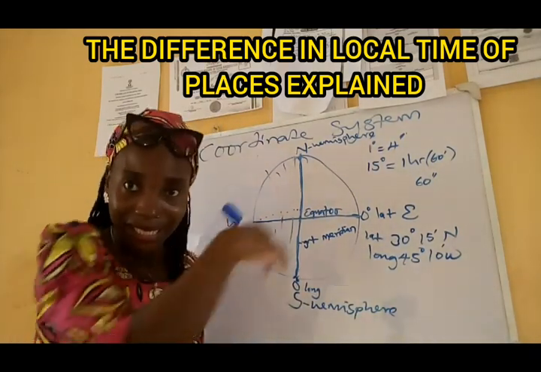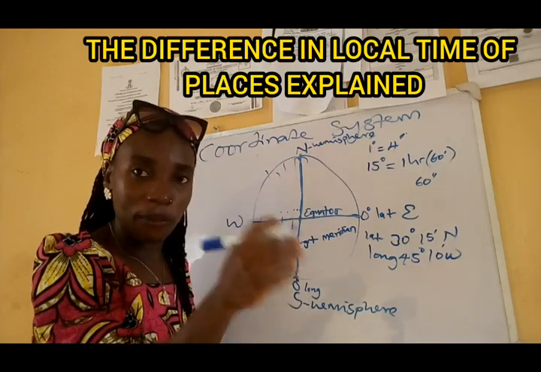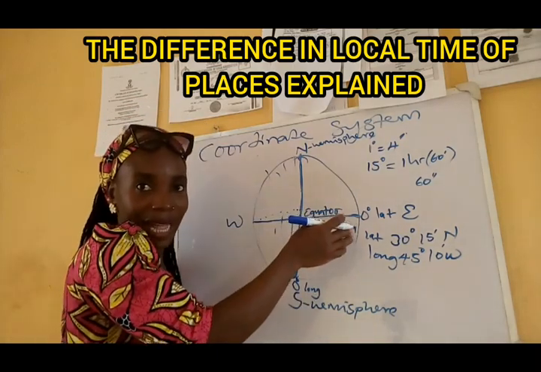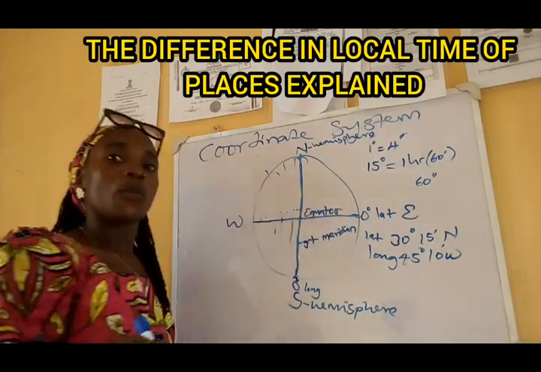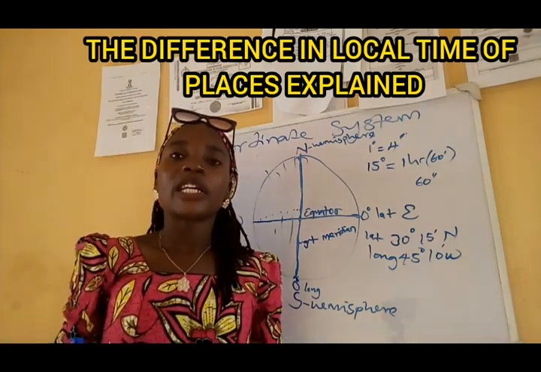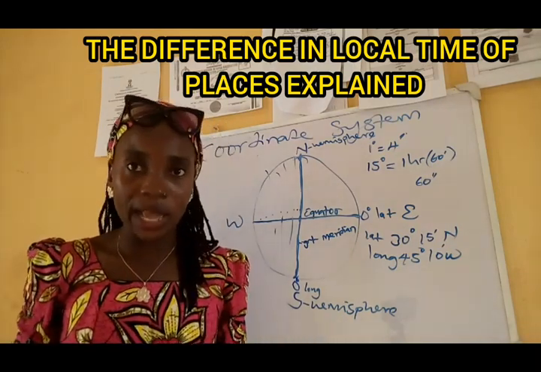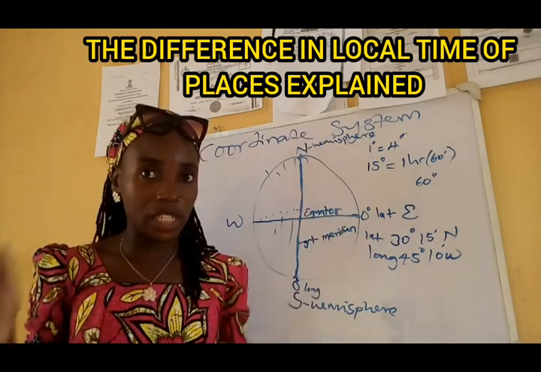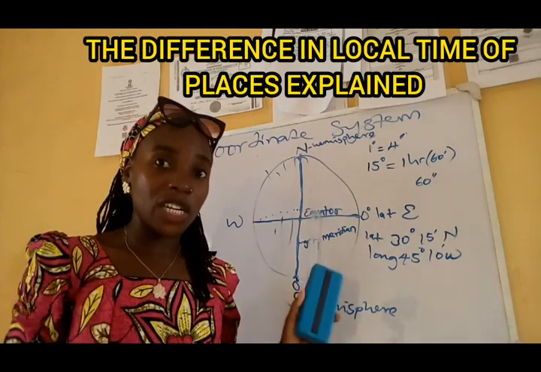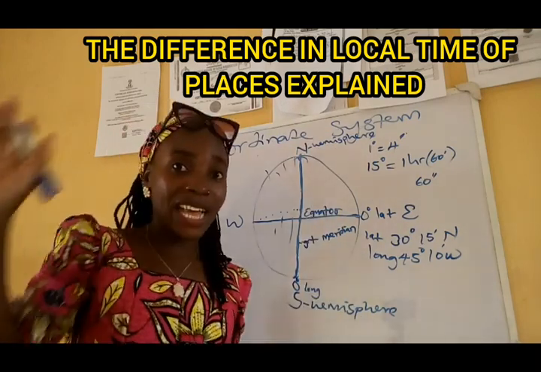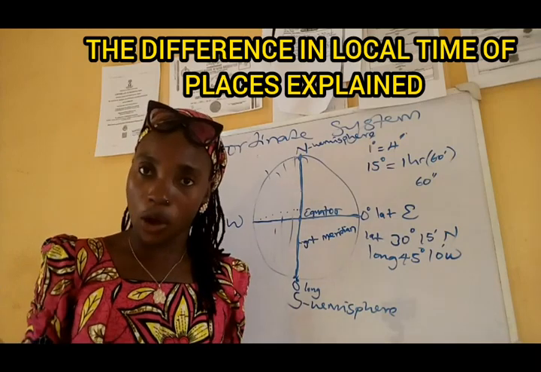When they say east, it therefore means towards this side. Now, we also have the coordinate system of a particular location on its own.